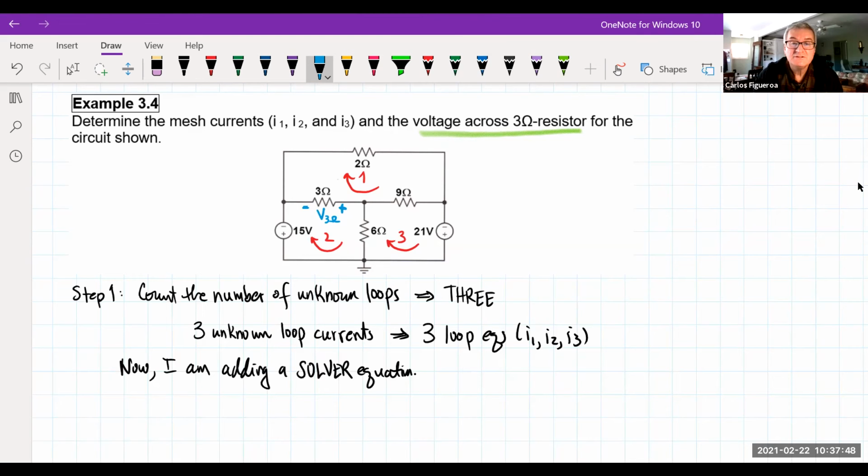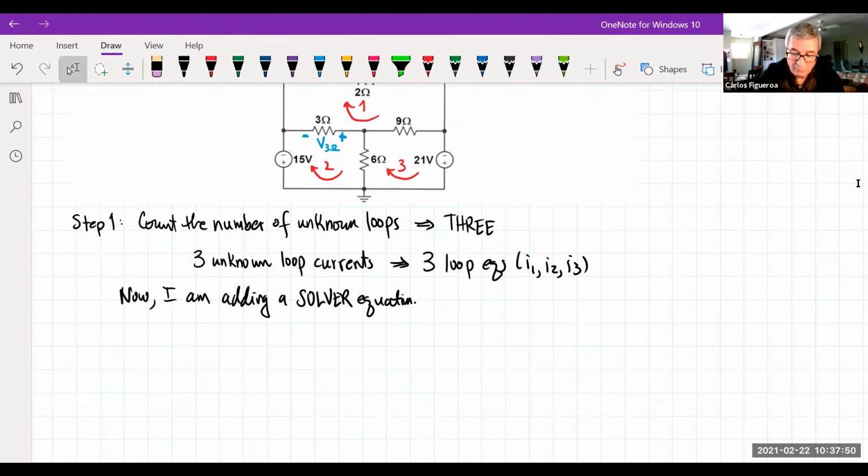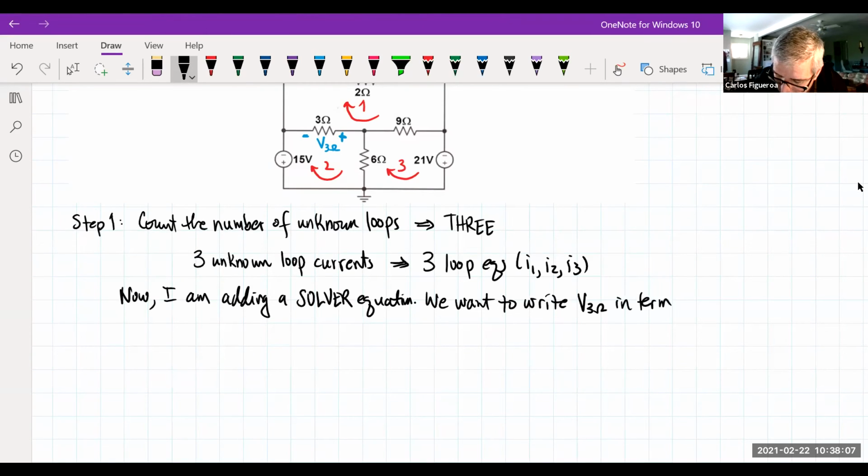So let's look at that thing. We want to write the voltage across the 3 ohm resistor in terms of loop currents. So what does that look like? Well, let's look at this thing here. I have a 3 ohm resistor.